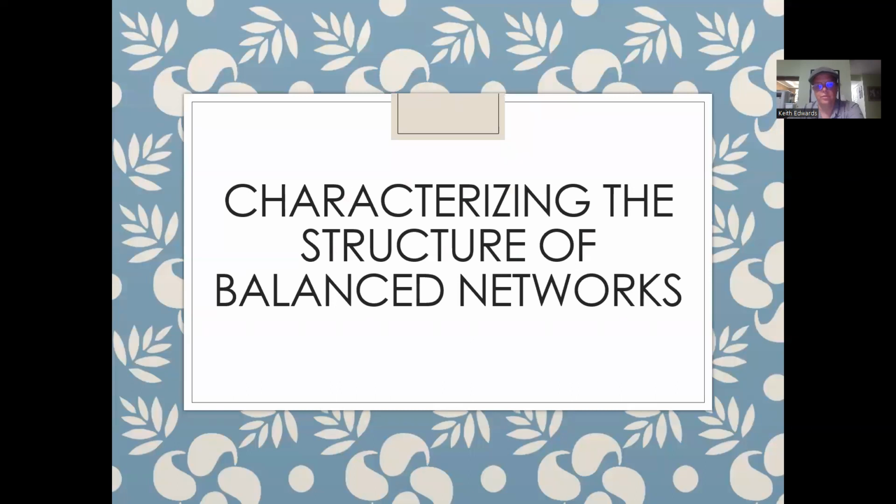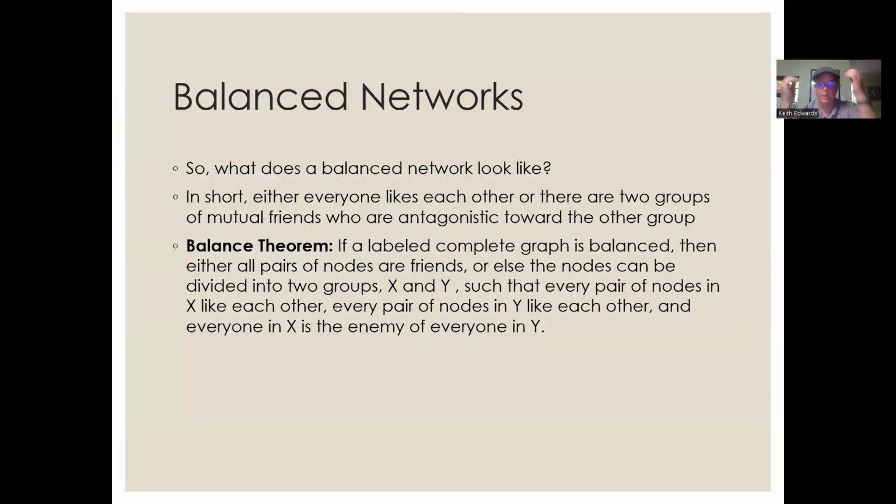So characterizing the structure of these balanced networks, what do they look like? In short, either everybody likes each other or there are two groups of mutual friends who are mutually antagonistic toward the other group. So the balance theorem states this a little bit more formally.